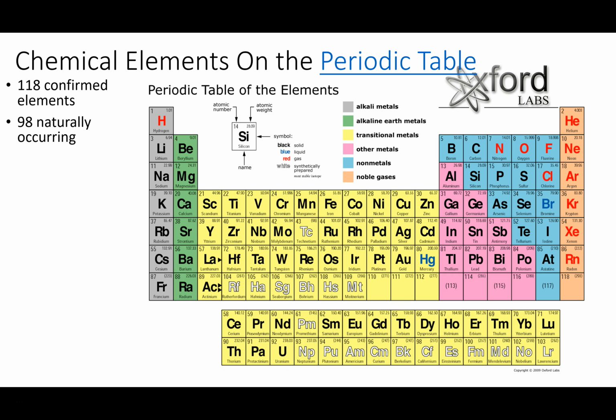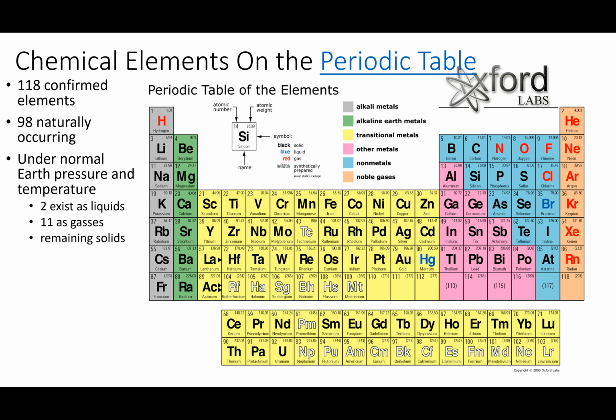So 118 confirmed elements, 98 naturally occurring ones. Under normal pressures and temperatures of the atmosphere, there are 2 liquids, 11 gases, and everything else is solid. Let's see, the liquids are blue.